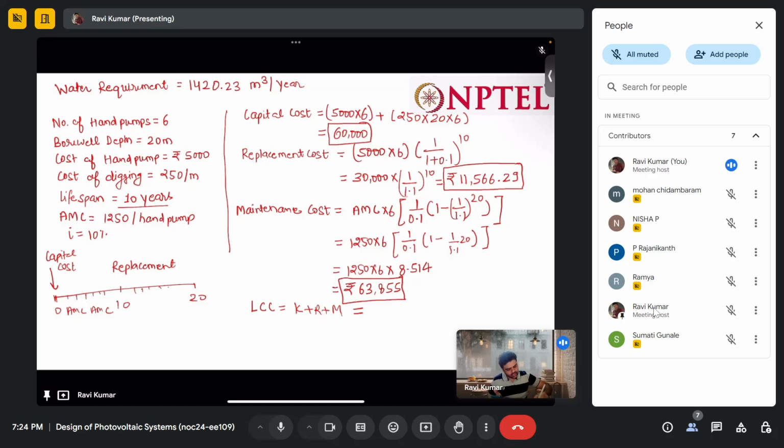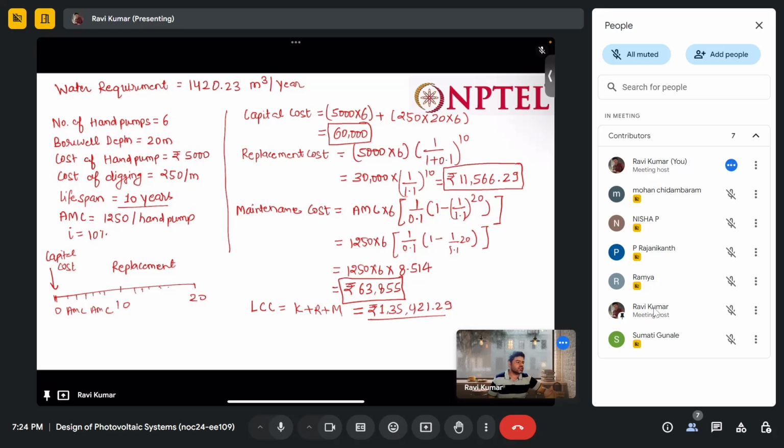So I am getting rupees 1,35,421.29. And this is LCC, means overall cost.